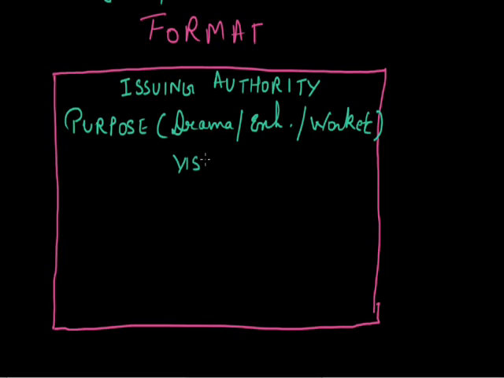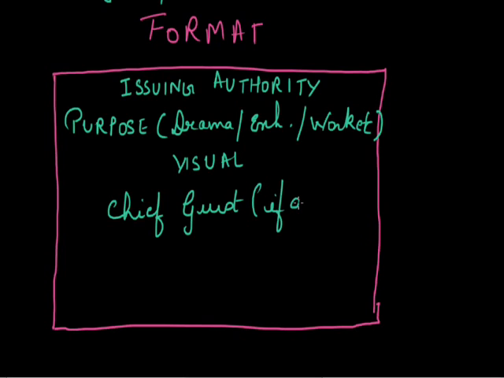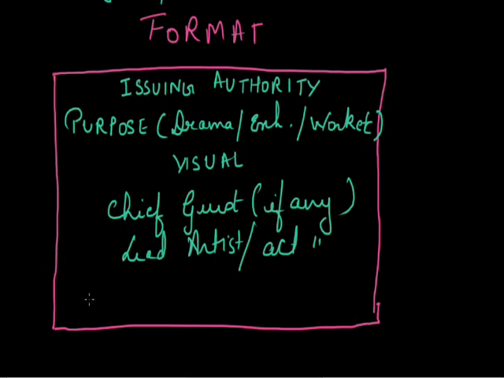Then if possible, give a visual, but I would like to say that if you are making a poster, a visual should be there so that it can look attractive. Next, you need to write the chief guest if there is any. Next, you need to write the lead artist or the actor again if there is any.